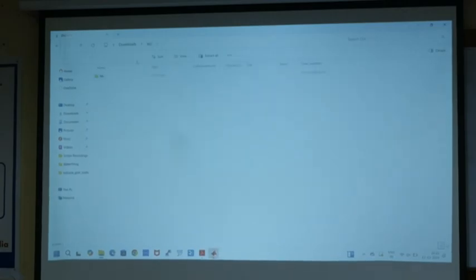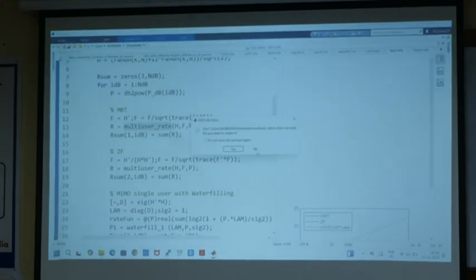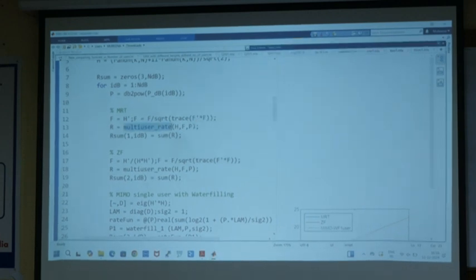This computer has become slow a little bit. So this is the multi-user rate function.